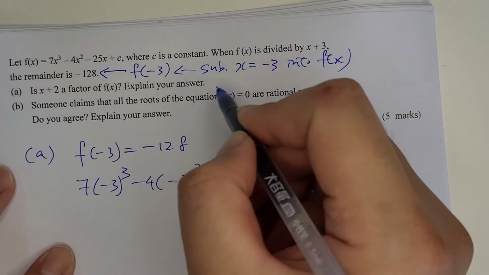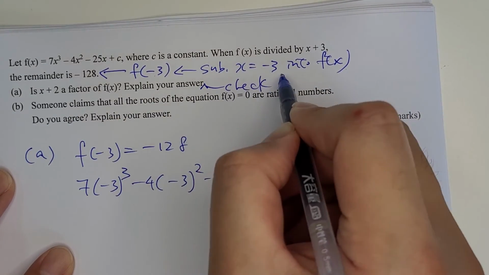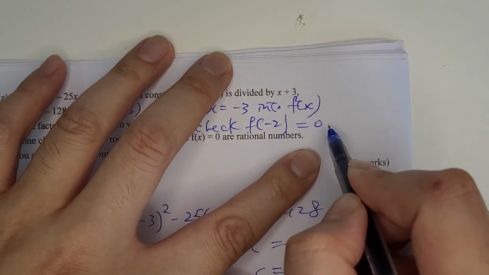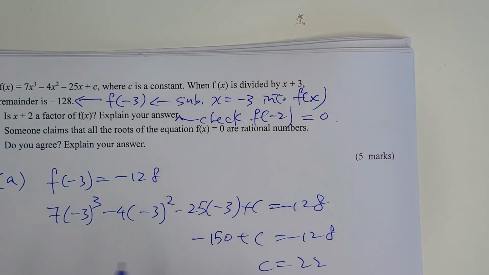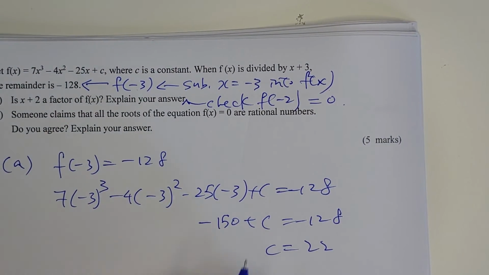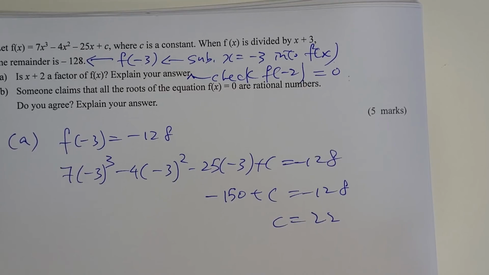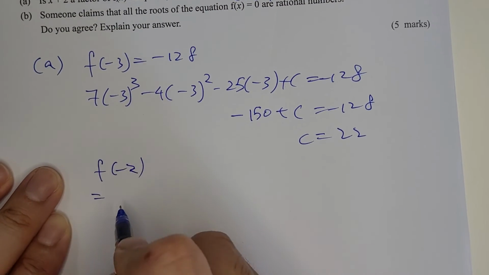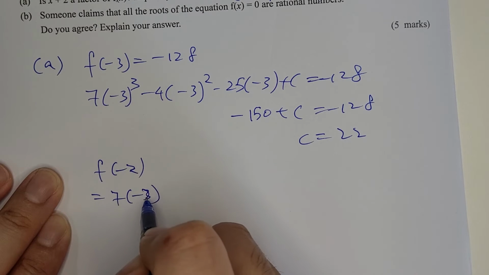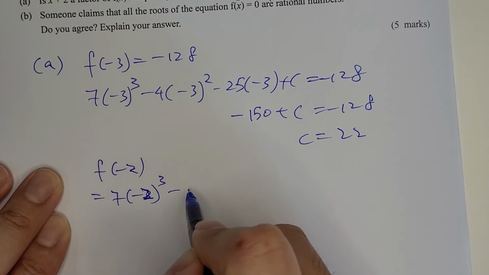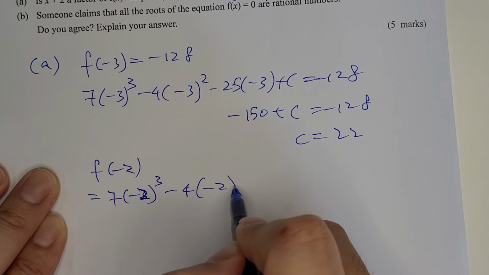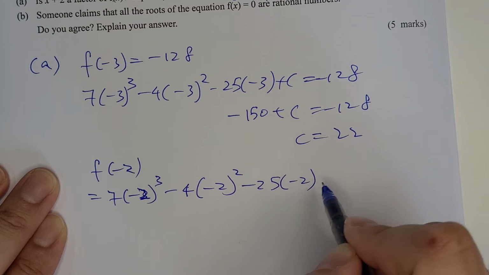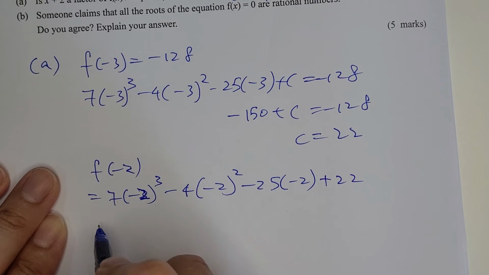And then, if you want to check whether x plus 2 is a factor of f(x), what you can do is check f(-2) to see whether it is equal to 0. If yes, then x plus 2 is a factor. If no, then x plus 2 is not a factor. So f(-2) is 7 times negative 2 to the power 3 minus 4 times negative 2 squared minus 25 times negative 2 plus 22.